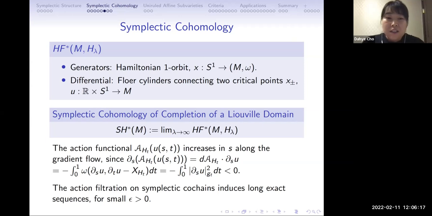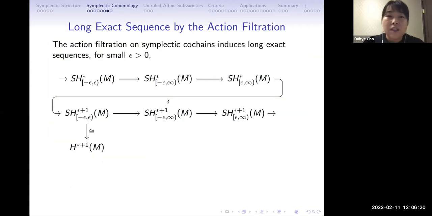And so it has an action filtration. The symplectic cochains have an action filtration, so that induces a long exact sequence, from symplectic cohomology with small action between minus epsilon and epsilon, and full action, and then the positive action part that consists of non-constant orbits.